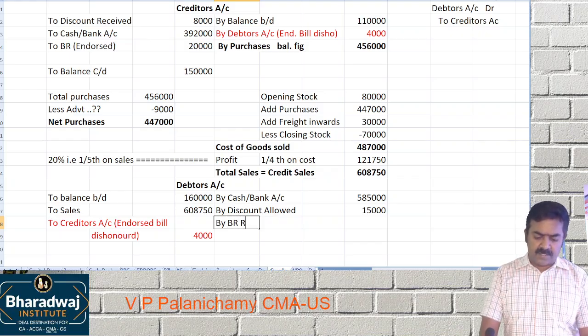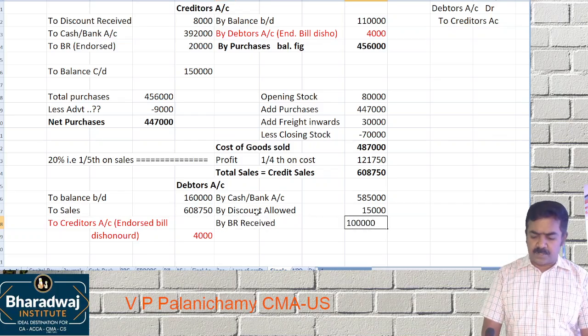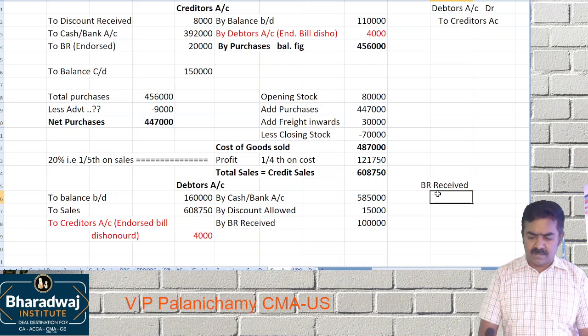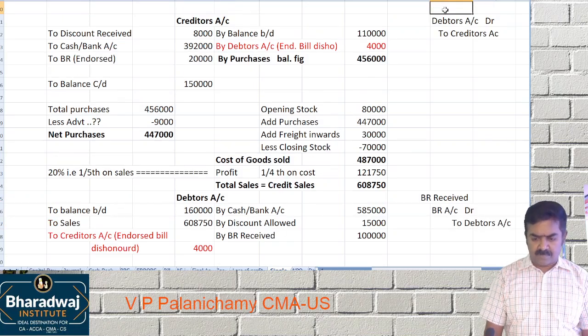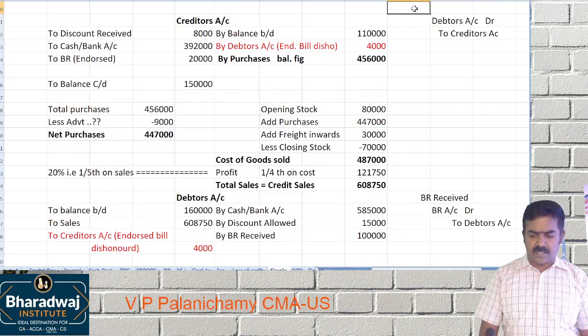By bills receivable received. What is the journal entry for bills receivable received? You pass an entry: bills receivable account debit to which account? And the bills receivable received during the year. This is endorsed bill dishonored.